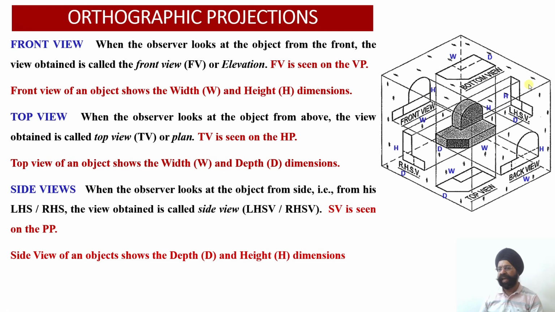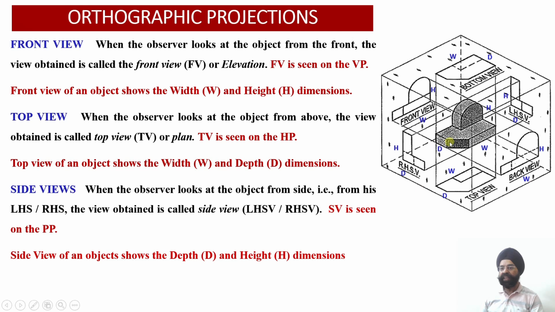As I have explained, whenever the observer looks at the object from the left side, in the first angle projection, it is observer, object and plane of projection. Observer, object and plane of projection. So then this profile plane will be considered. When you are looking at the object from the left side, the observer will be here, the object will be here, and the plane of projection will lie on the right hand side.